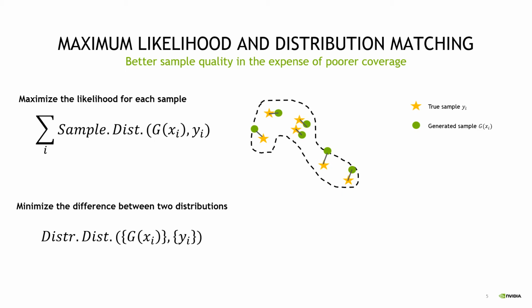Now, instead of focusing on sample-to-sample matching, like in maximum likelihood, distribution matching focuses on population-to-population. So let's look at this distribution again. You have a distribution, and now you reproduce the distribution with the generator. Now you don't focus on point matching. You just have a set of samples that are distributed similarly to the ground truth, and that is good enough.